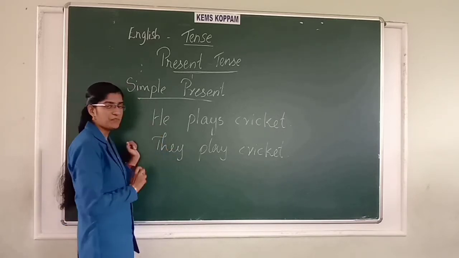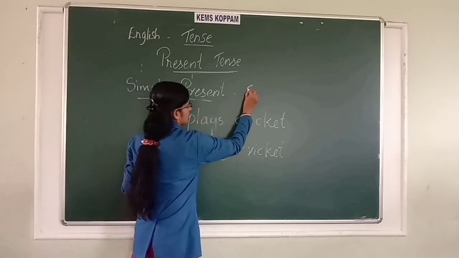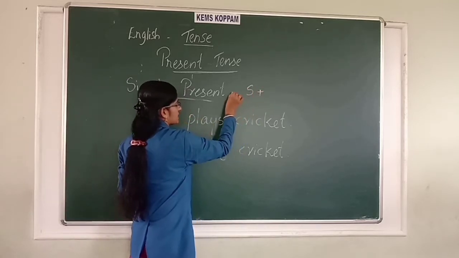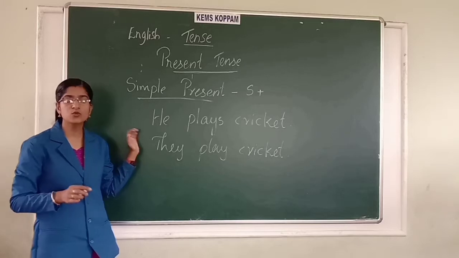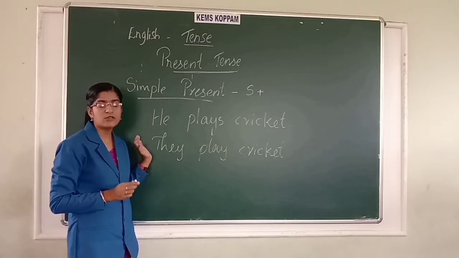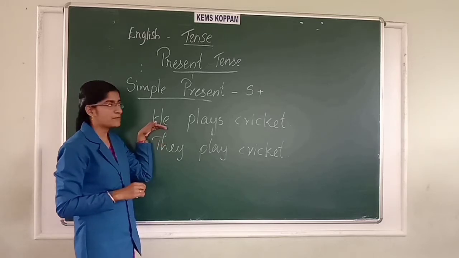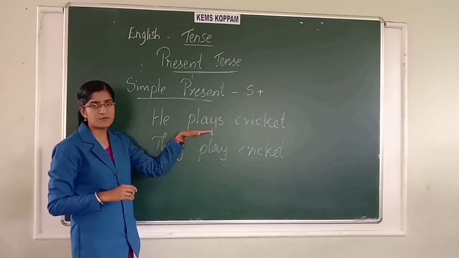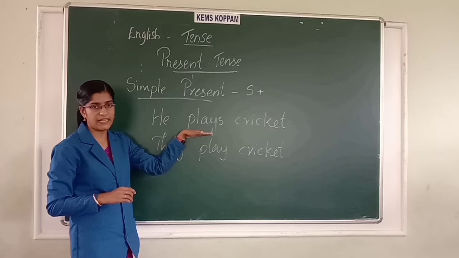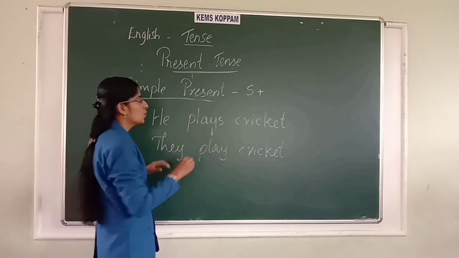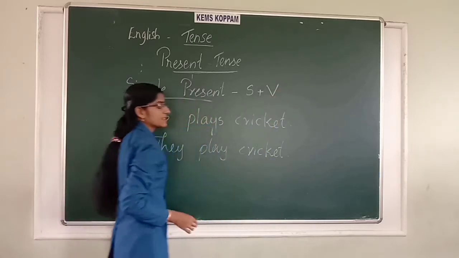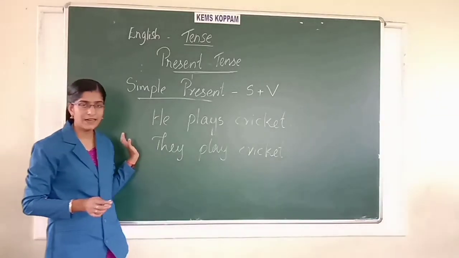First we wrote the subject. What is the subject? Subject means the doer of the action, who is doing an action in a sentence. After the subject, what comes? Play. Okay, it is the verb. After subject we write the verb.